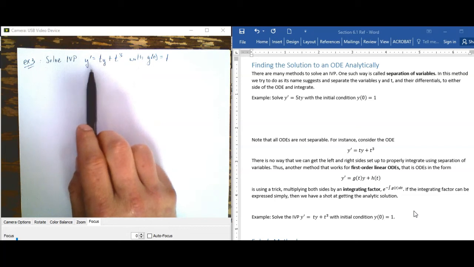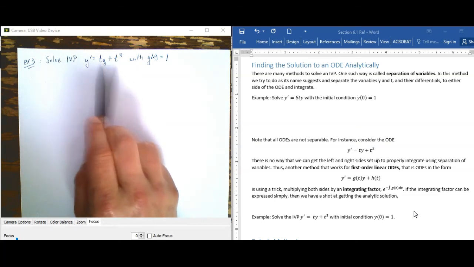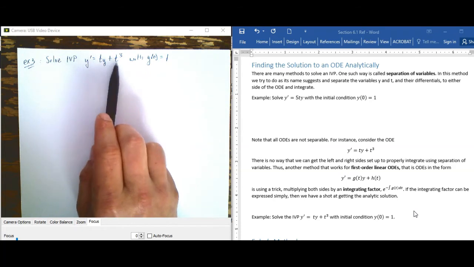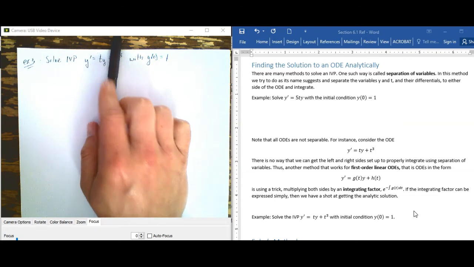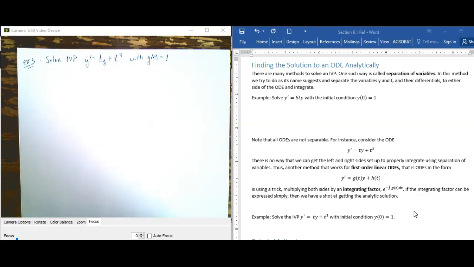All right, so here we notice that this is a first order linear ODE, right? We have this addition of some other function. If we didn't have that, we could just use separation of variables to get the problem separated. But since we have this plus, that kind of gets in our way. So the thing that we want to do here is identify the integrating factor, multiply both sides by that, and then try and integrate it, right?